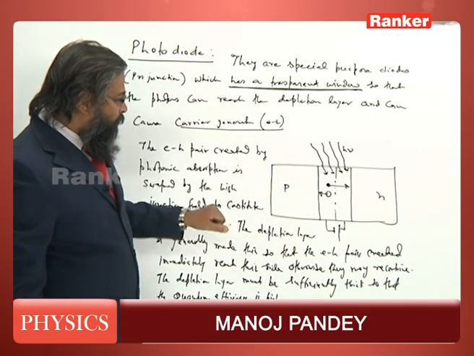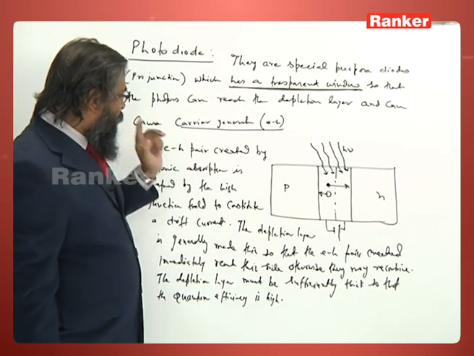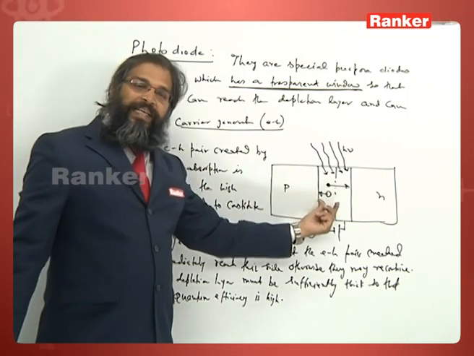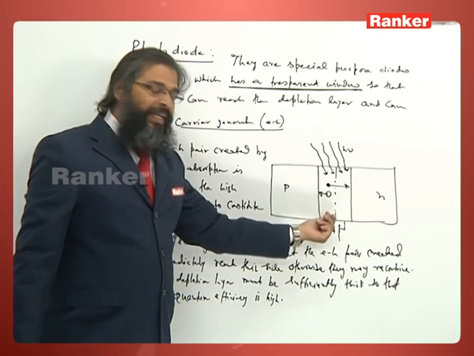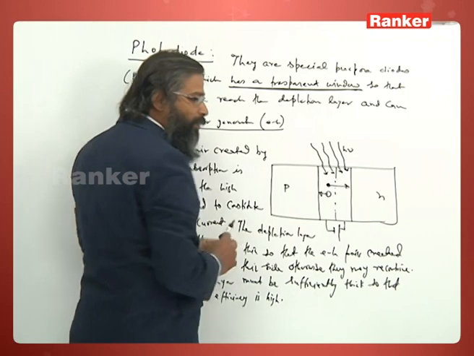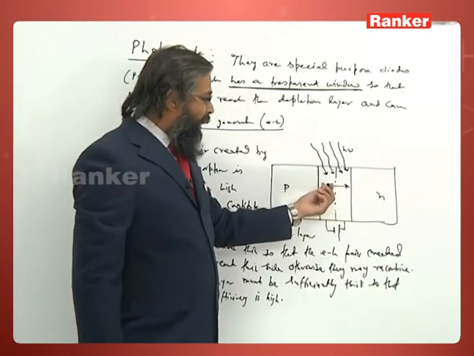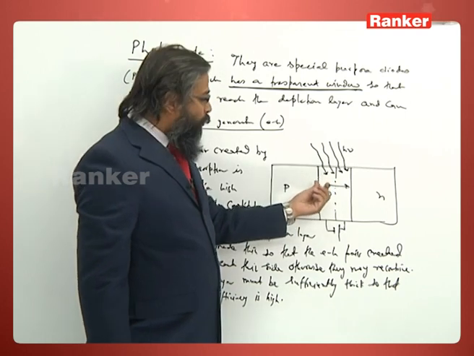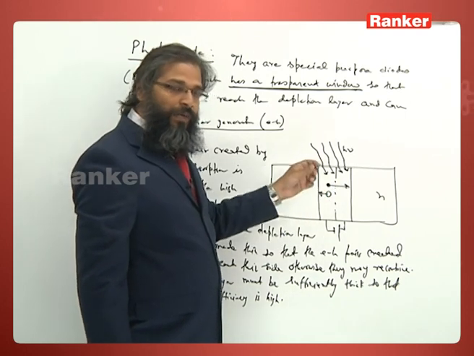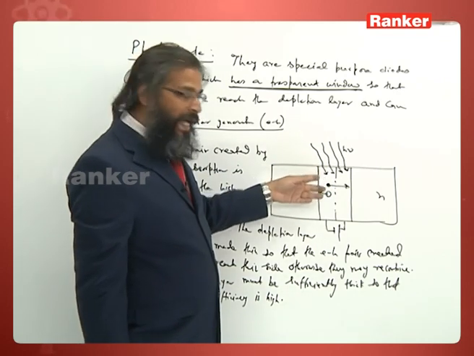So, you see here, it must have a transparent window, number 1 point. Number 2 point, it should be very thin. The depletion layer should be thin, so that by photonic absorption, any bonds between silicon or some alloying, due to that material, the bond will break up and the electron from the valence band will go to the conduction band.